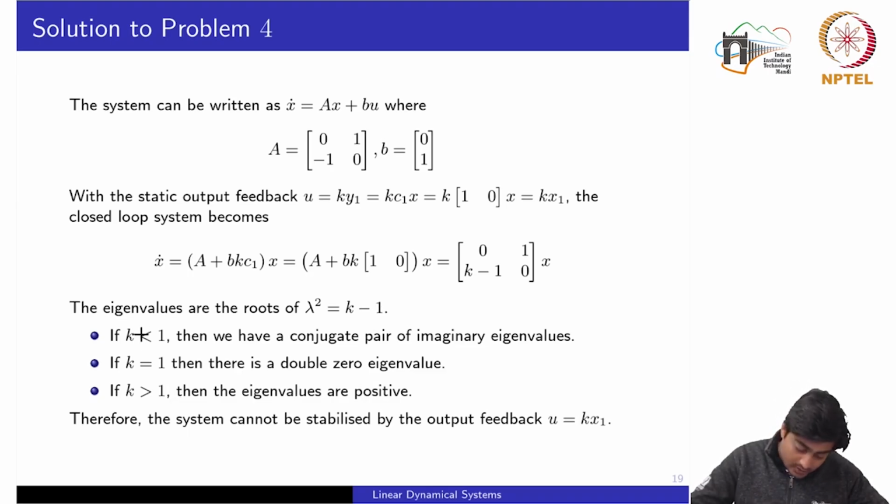So for all the values of K, using this control law u = Kx1 would never give you a stable system. Okay, that is to say the system cannot be stabilized by this output feedback.